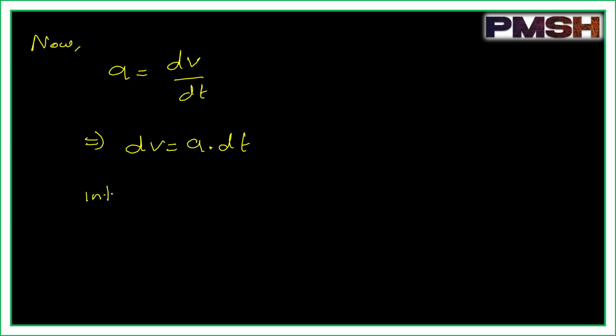Now let us integrate. We'll rearrange this formula. We know now A is nothing but dv by dt. Upon rearranging, you get dv is equal to A times dt. Let's integrate both sides. You get integral of dv is nothing but integral of A dt.